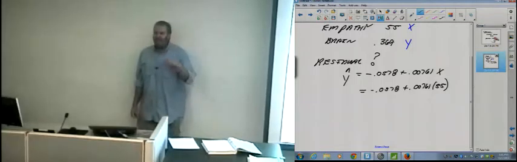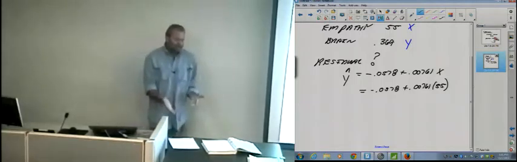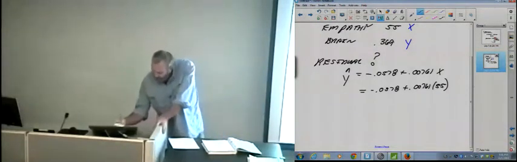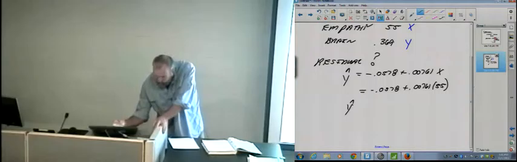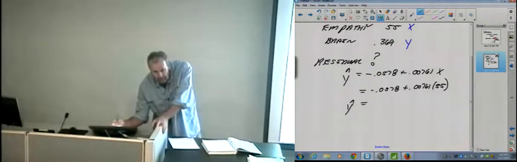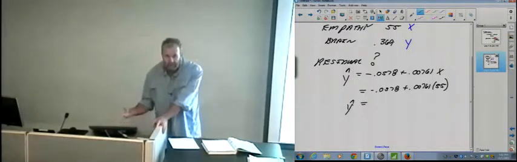Right, and then that's going to give me a prediction, right? That's what my least squares regression line predicts for that particular empathy score, and you're going to tell me y hat is. He's working on it. Maybe.